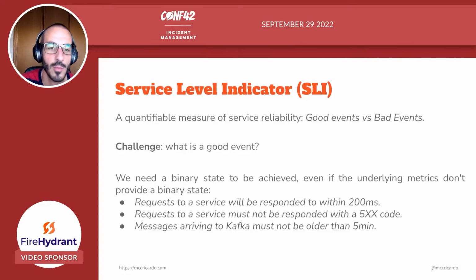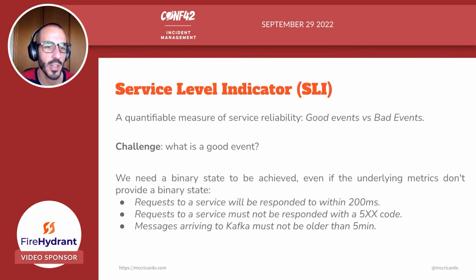If it's responded to with a 500 code, it's not okay. If it's responded to with a code different than 500, it is okay. Again, same thing for messages arriving to Kafka. If the message is not older than 5 minutes, everything is okay. If the message is older than 5 minutes, things are not okay. You might need to do something.